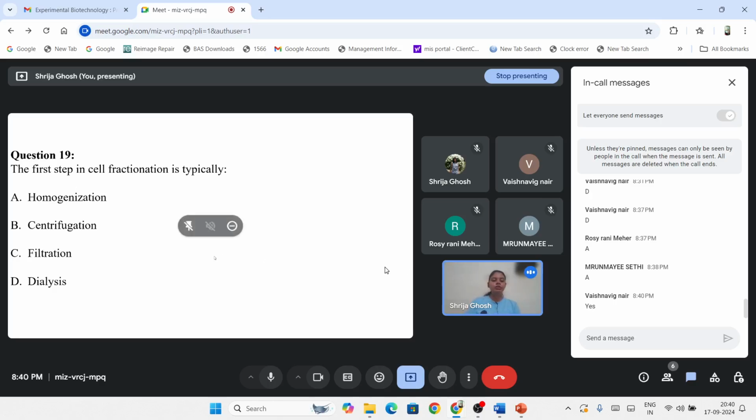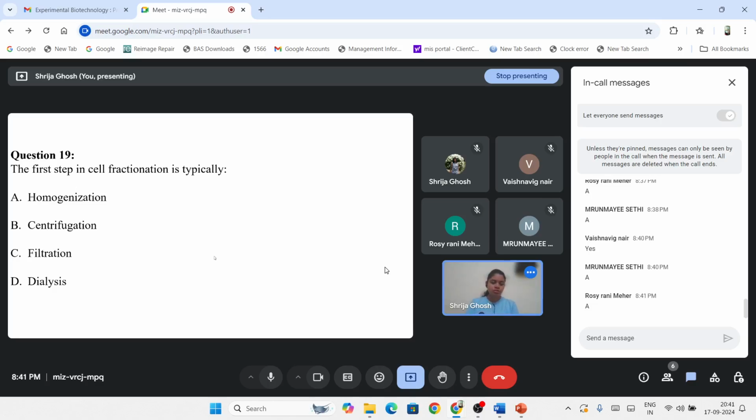If I give you a tissue sample, or any kind of sample, if I give you a liver sample, what will you do? What will your first step be while doing the cell fractionation? Okay, Mrinmay has answered option A, that is homogenization.